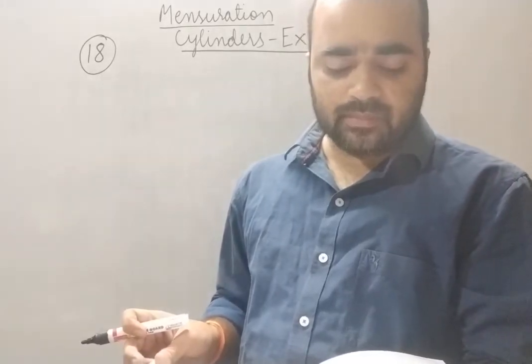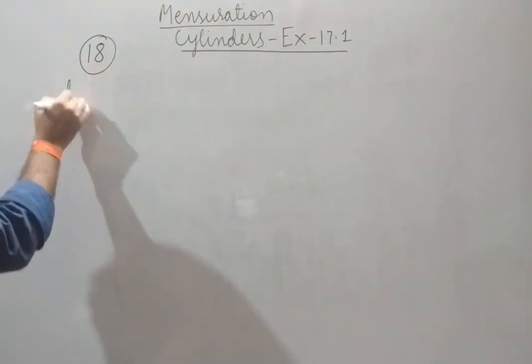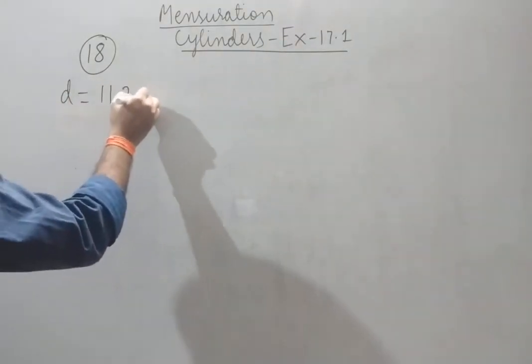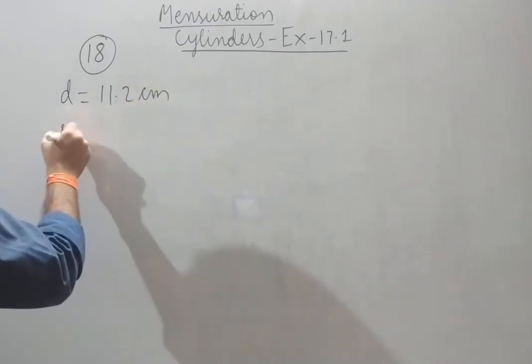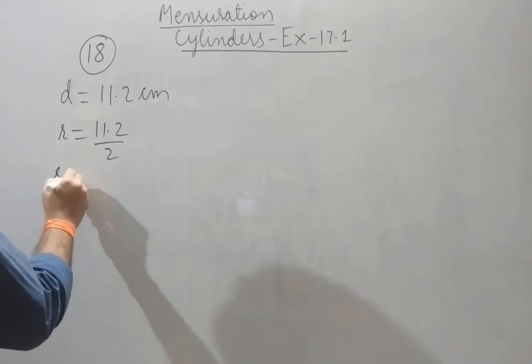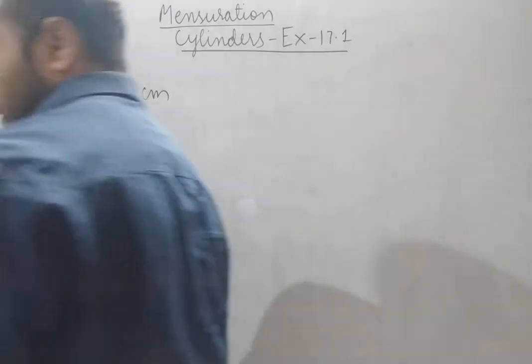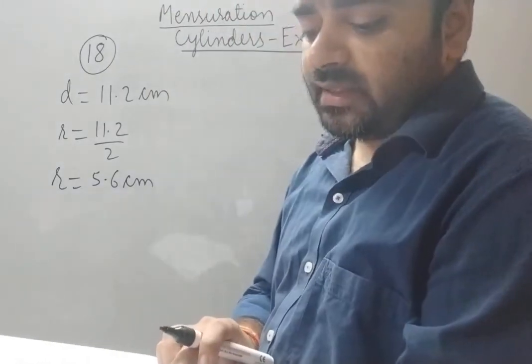The internal diameter of the tube is 11.2 centimeter. It means internal radius will be 11.2 by 2, that is 5.6 centimeter. Correct?